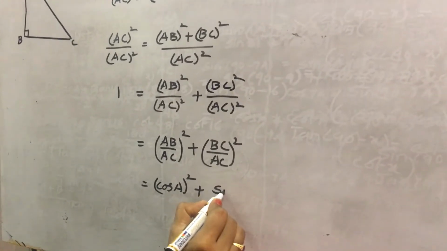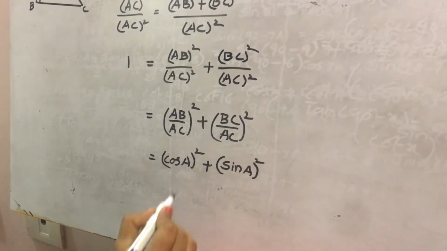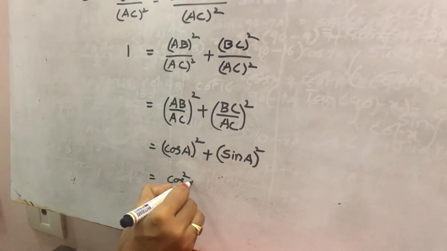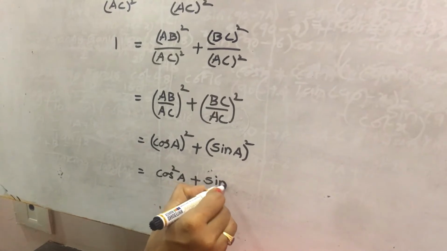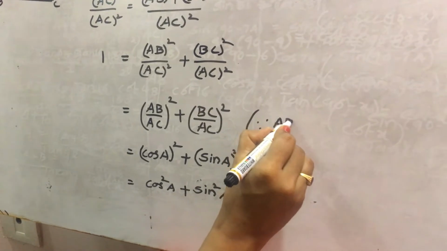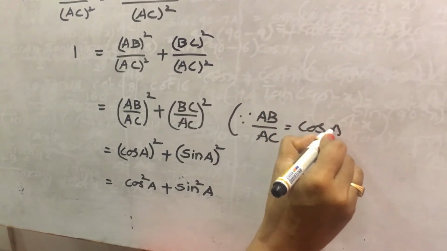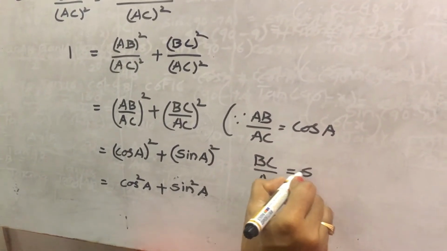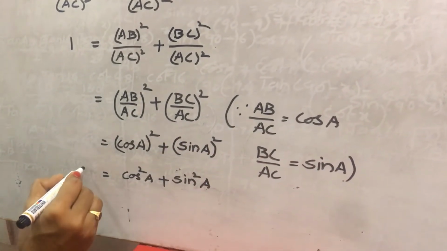We can write by the definition, it is sin A. Whole square is there, that's why we are writing square also. Cos A whole square, we can write it as cos square A. Sin A whole square, we can write as sin square A. As we know, AB by AC is equal to cos A and BC by AC is equal to sin A. We are writing like this.